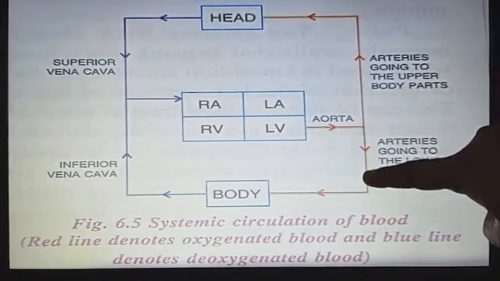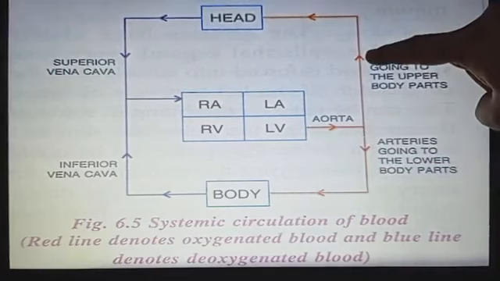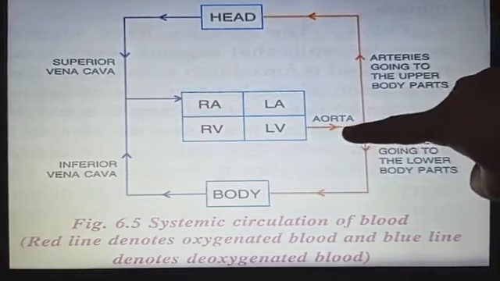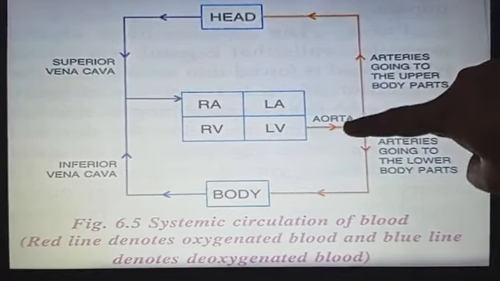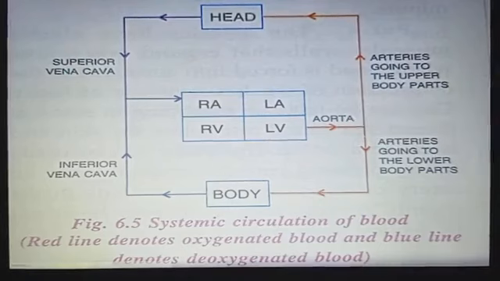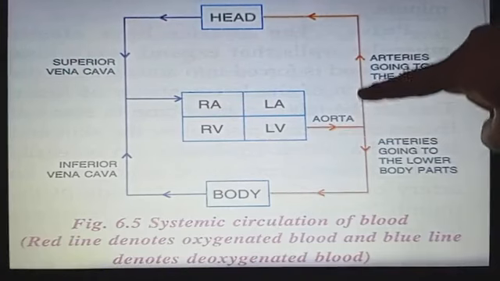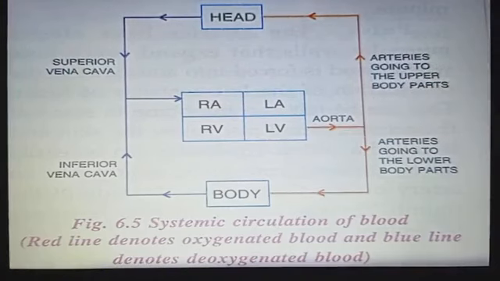One goes to the lower side of the body, and one goes to the upper side of the body. So the arteries are divided here into upper and lower arteries. The arteries going to the upper part of the body carry the oxygenated blood to the upper part of the body, and the arteries going to the lower body parts carry the oxygenated blood to the lower parts of the body.